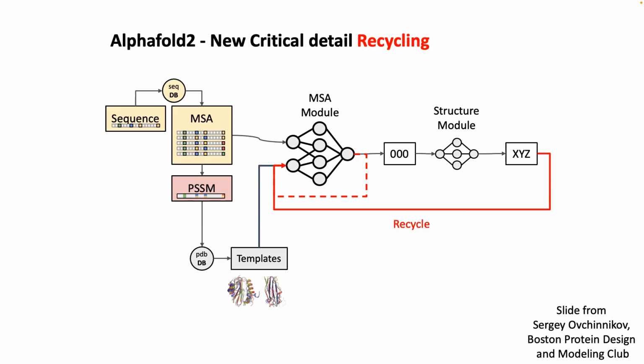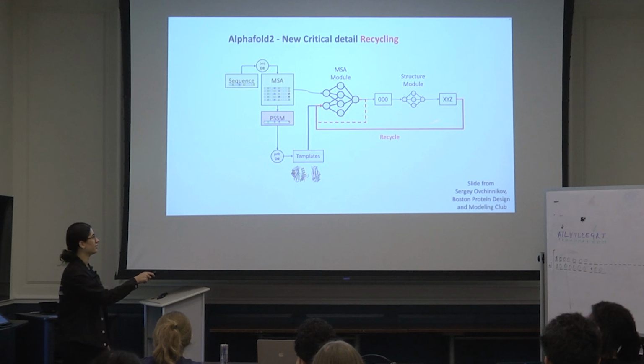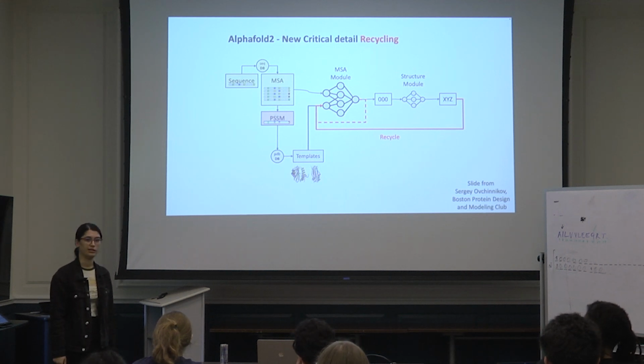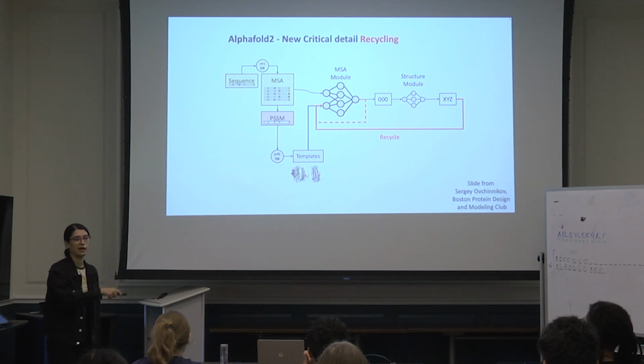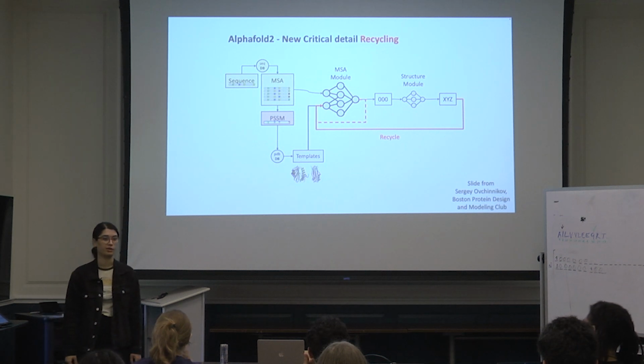What are some ideas? How many recycles should we do? Maybe the answer would converge here. Okay, that's one idea. Maybe you have some metric to independently evaluate how good this XYZ is, so that you know when to stop based on some score threshold.